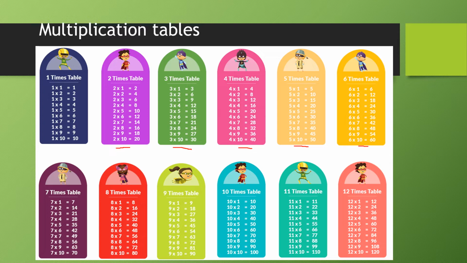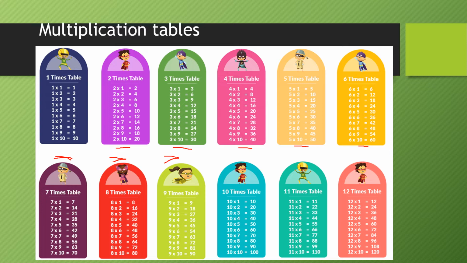So if you are a very good student, you can remember 7 times table and 8 times table and 9 times table also. So if you remember all these 9 tables, you are a very good student and you can do the multiplication questions very fast before your friends will do it.